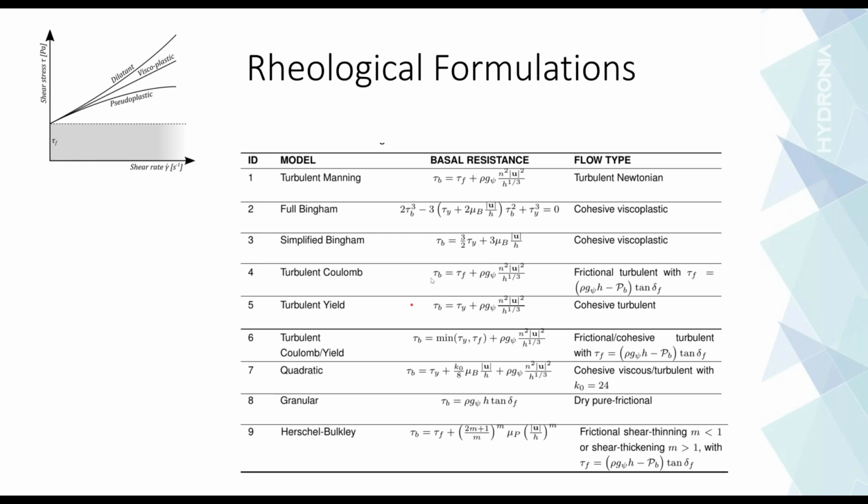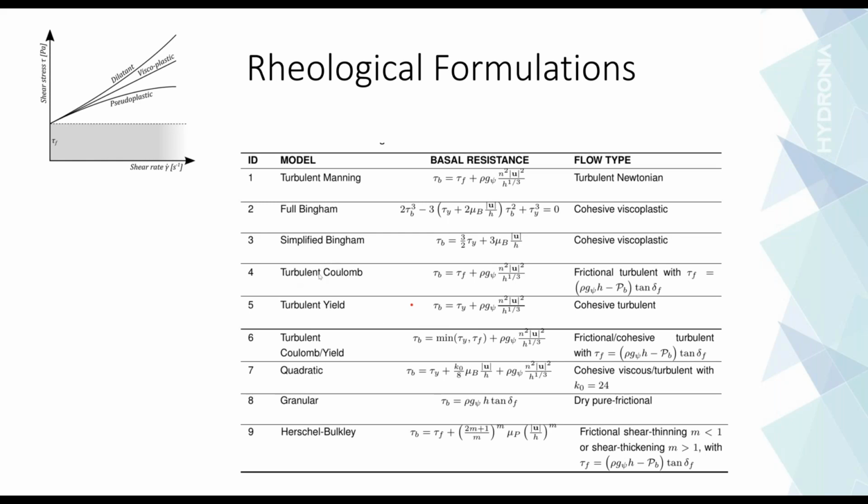These 2 types of rheological formulations are very useful for those types of flows. Now, one thing that happens in these flows is that when you have low volume concentrations of the solid material, you cannot use exactly the same formulations, because the fluid behaves as a turbulent flow, and that's why it's called the turbulent Coulomb or turbulent Coulomb and yield.